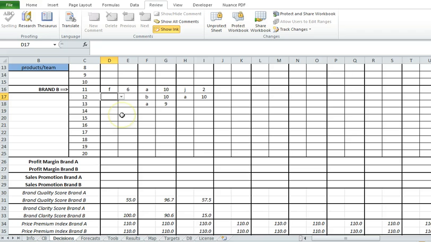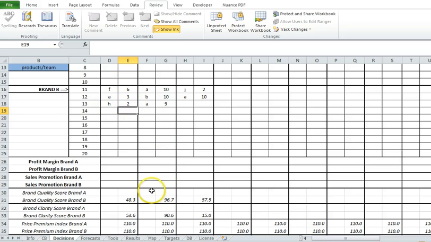Now, if we come over here, just to illustrate the example further, say we just put in a series of products that are a little bit all over the place. They're all sort of mid-range products. So we get a mid-range quality and a mid-range clarity. They're sort of around the board, around the different positioning cells.